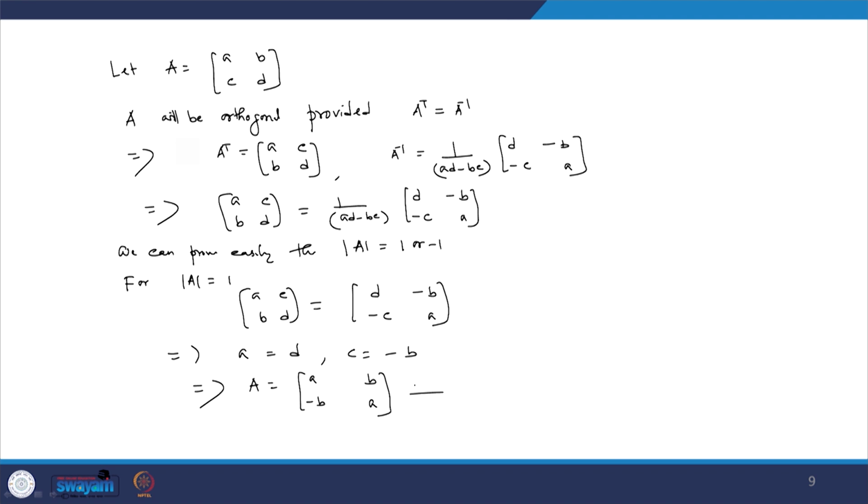If A is like this, then I can immediately say that A will be orthogonal. Or for the determinant of A equal to minus 1 case, [a, c; b, d] equals minus [d, minus b; minus c, a]. So, this implies a equals minus d and c equals b.